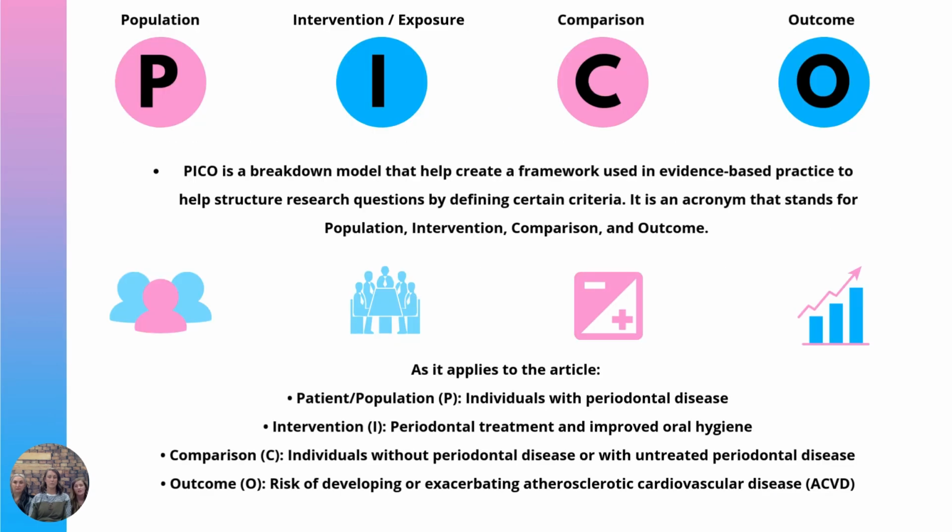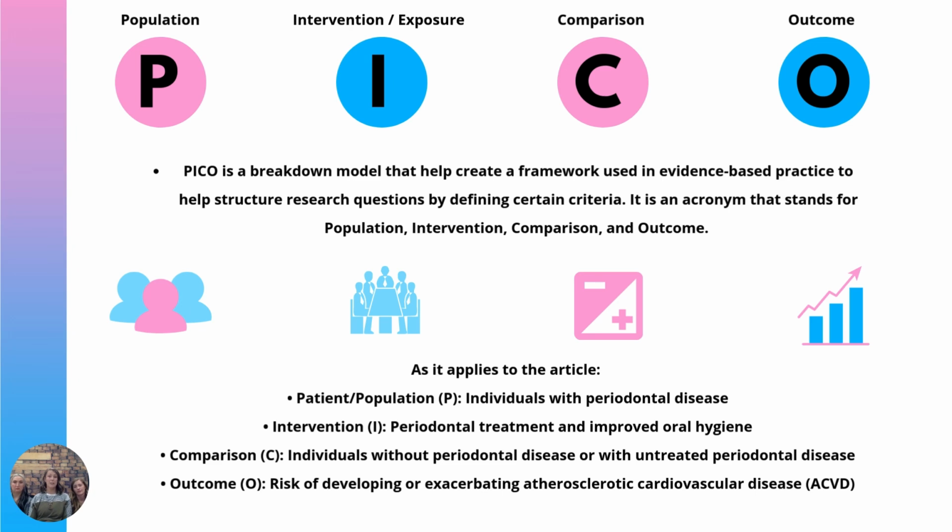Next, we used the PICO model to organize the research question, and the article addresses PICO, which stands for P as in population, I as in intervention, the C stands for comparison, and the O for outcome. So for this article, P is for people with periodontal disease. The I is treatment of periodontal disease, like non-surgical periodontal therapy.